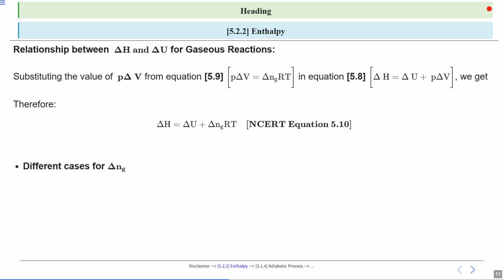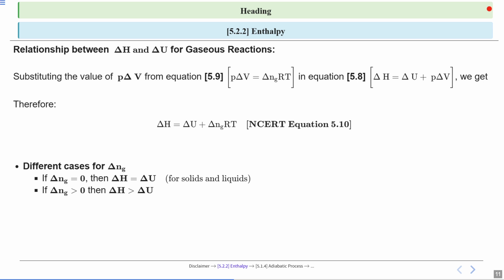Now let us consider different cases for this delta Ng. So three different cases are here. First is your delta Ng can be 0. So it will be possible when the number of gaseous molecules are the same on the reactant and product side, or there are no gases involved in your reaction, only solids and liquids are involved in the reaction. What is the second case? That we have a positive value of delta Ng. So in that case, your delta H will be greater.